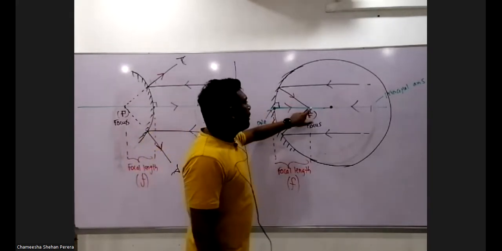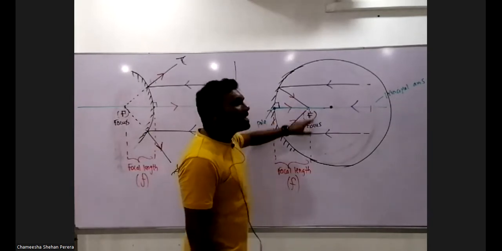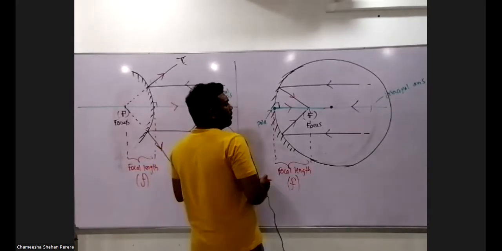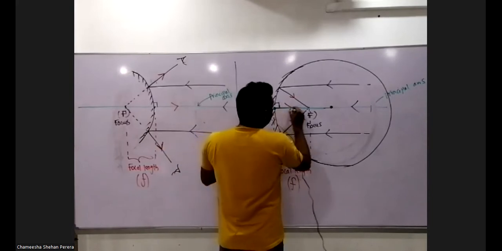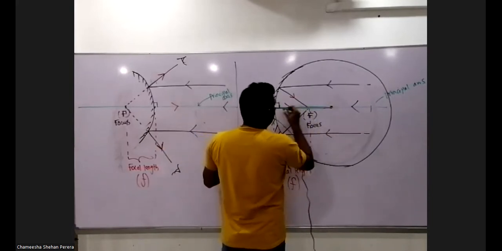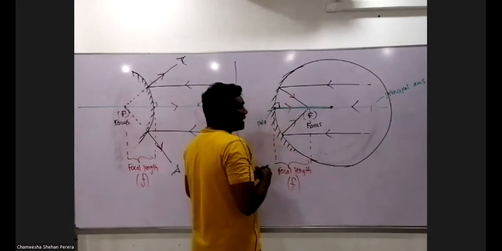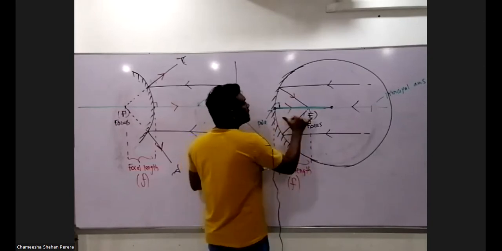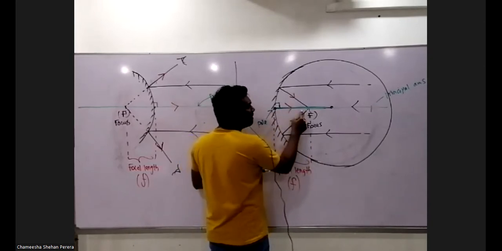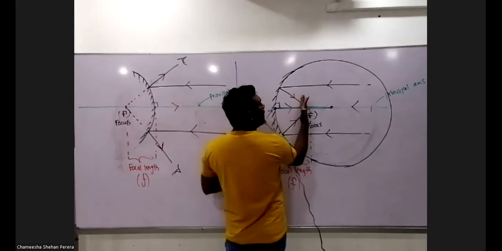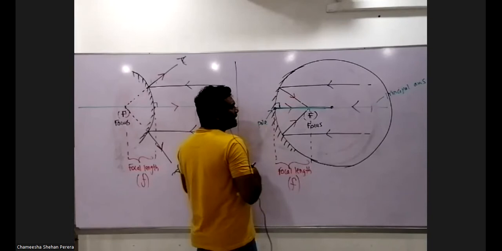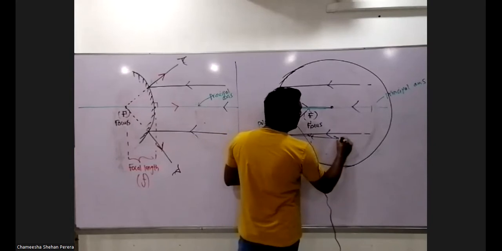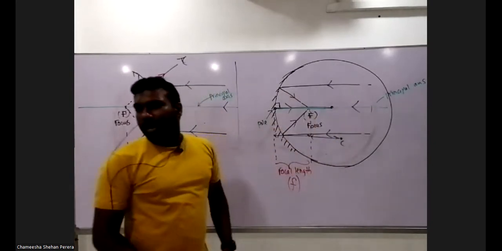In mathematics you call this length the radius. In physics, the focal point of the concave mirror is located at half of the radius. That means when you go twice the length of the focal length, you would find the center of curvature of the sphere. Did you get it?